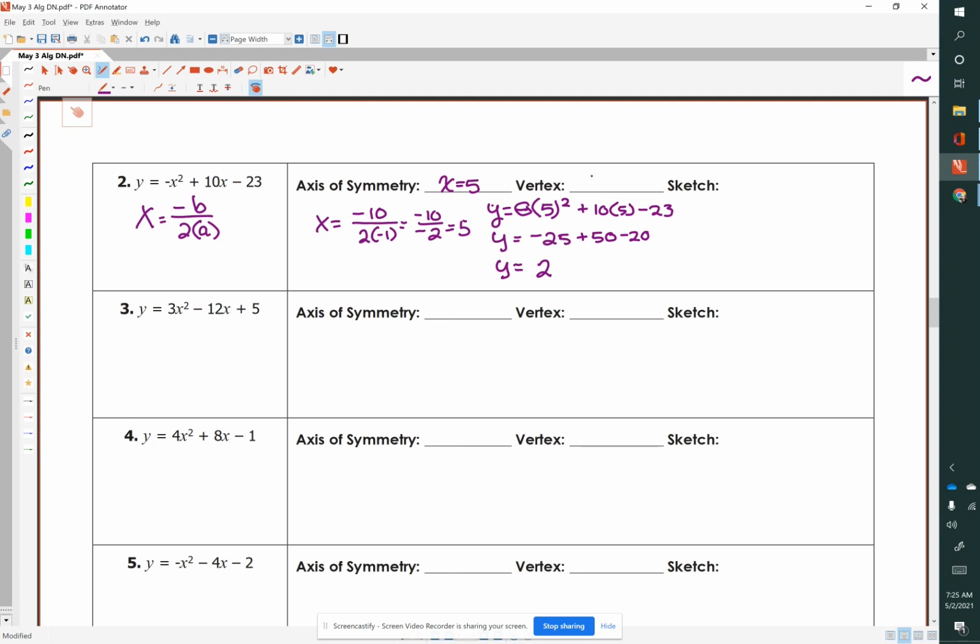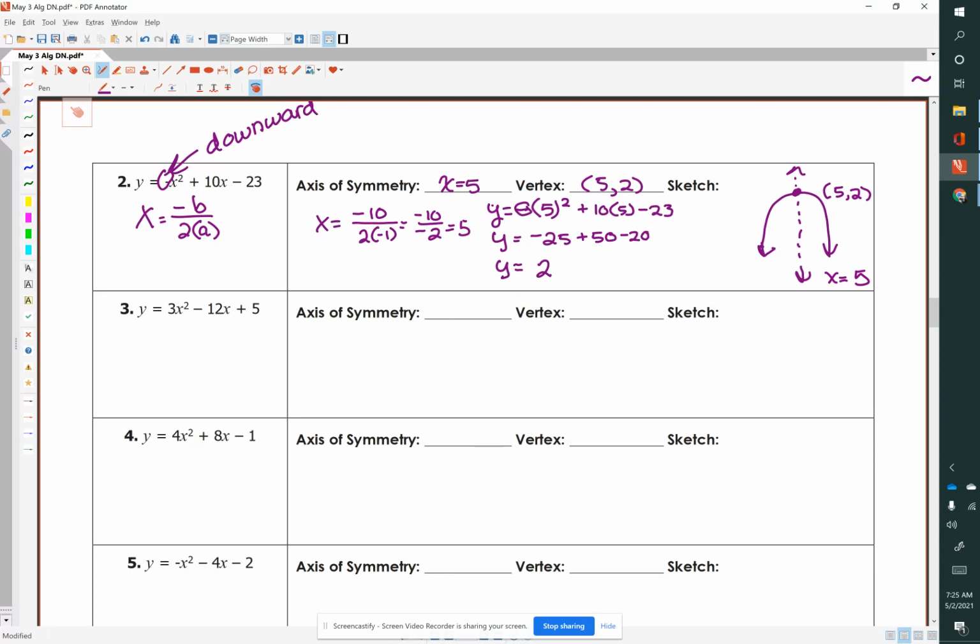So the vertex is 5, 2. And so this will be a downward facing parabola because we have a negative value in front of our x squared. So that makes it downward facing. So draw it like this. And we'll draw the axis of symmetry. So the vertex is 5, 2, and our axis of symmetry, x equals 5.